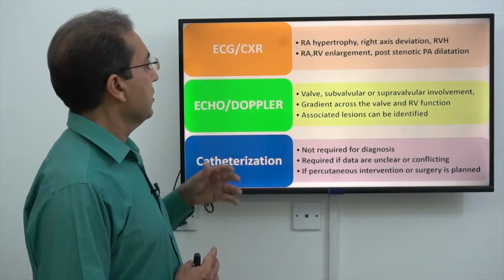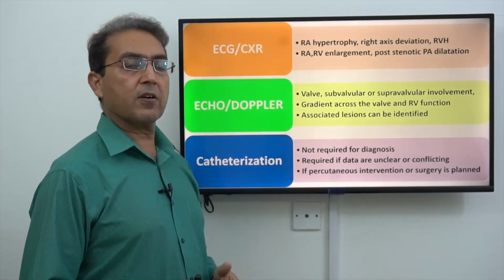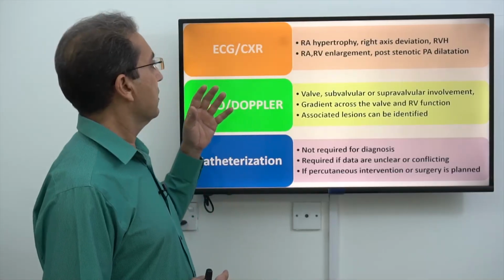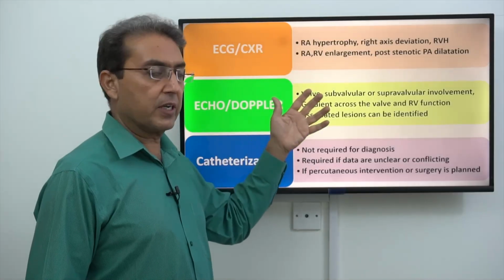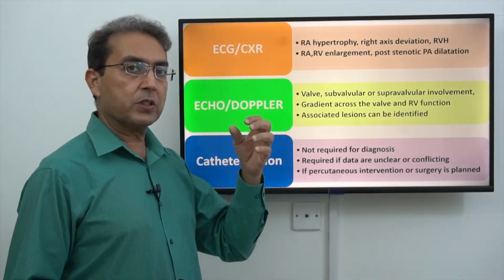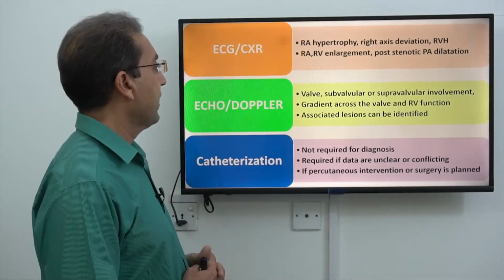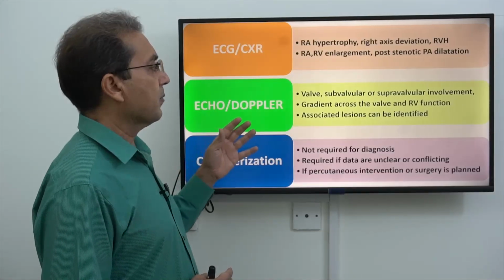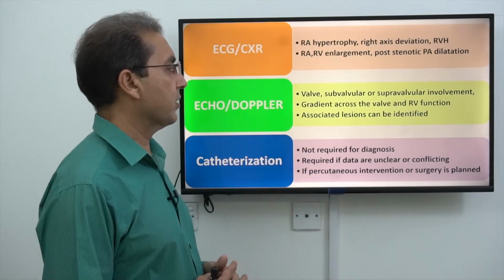Investigations: the ECG shows right atrial hypertrophy, right axis deviation, and right ventricular hypertrophy. The chest X-ray may show right atrial enlargement, right ventricular enlargement, and there may be post-stenotic dilatation of the pulmonary artery. So this may be seen on X-ray. The echo and Doppler can tell us whether it's a valvular lesion, subvalvular lesion, or a supravalvular lesion.